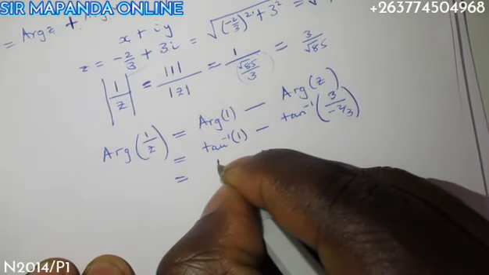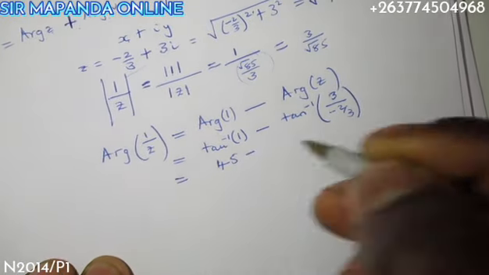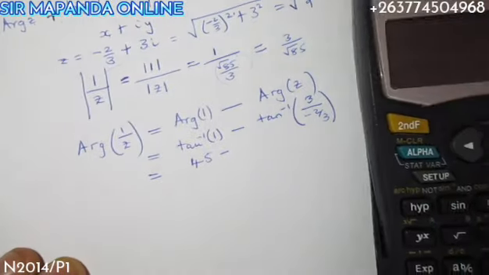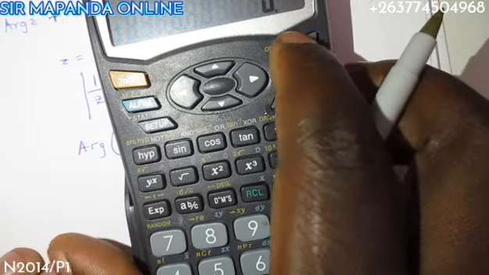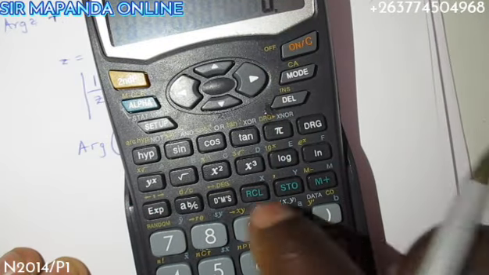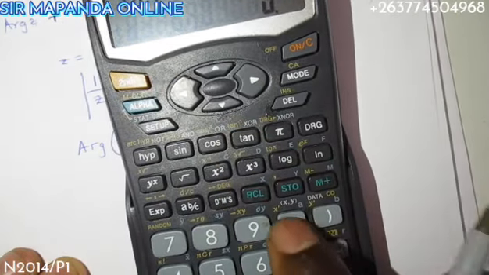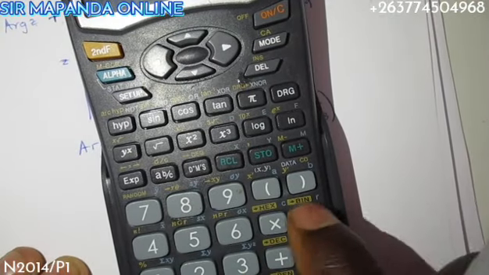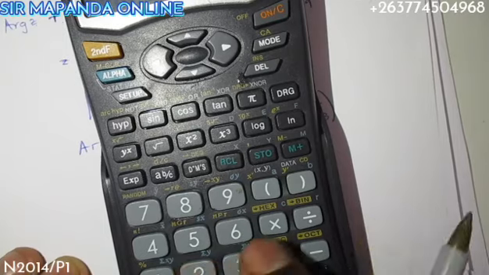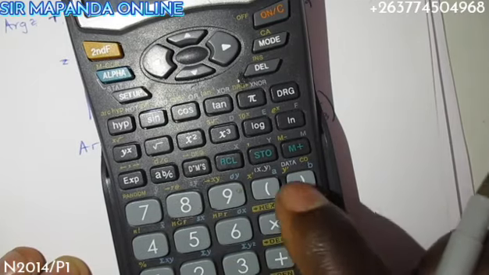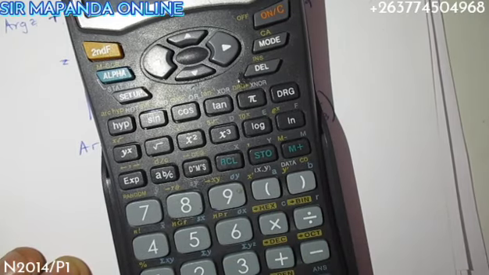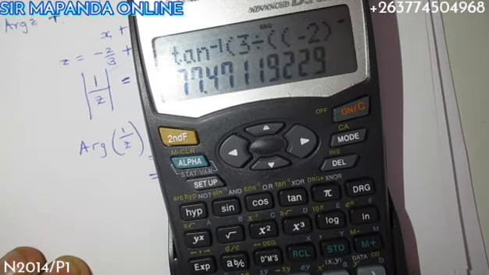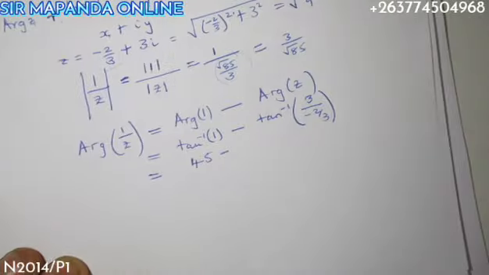So I'm going to write 45 here, minus arctan of 3 divided by minus 2, the denominator. You get negative 77.47.